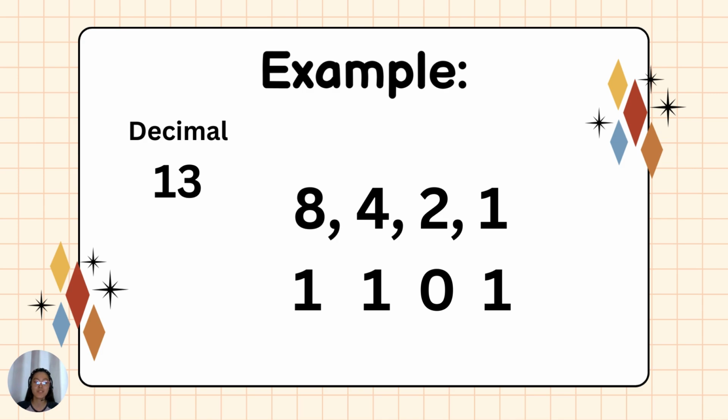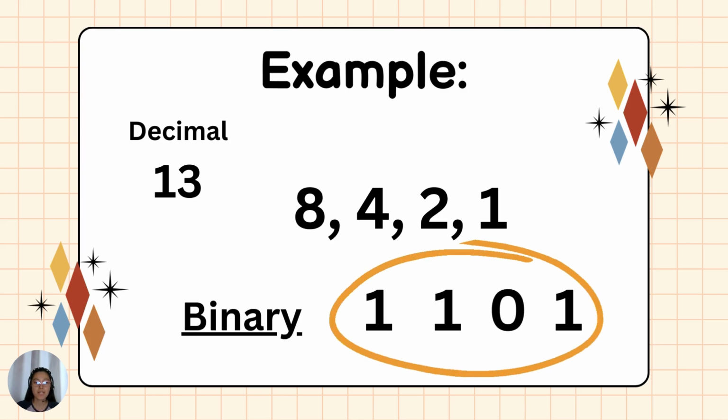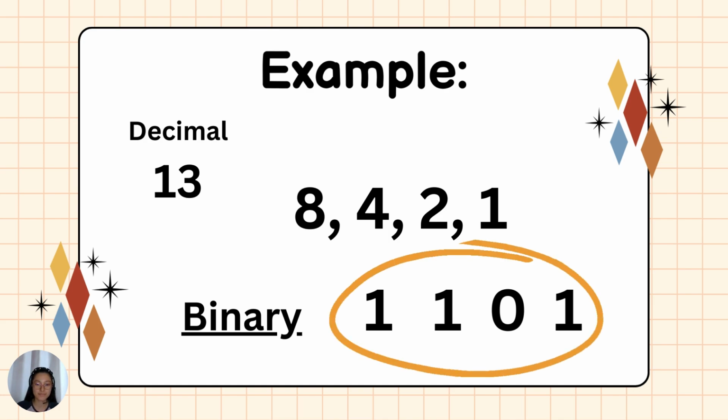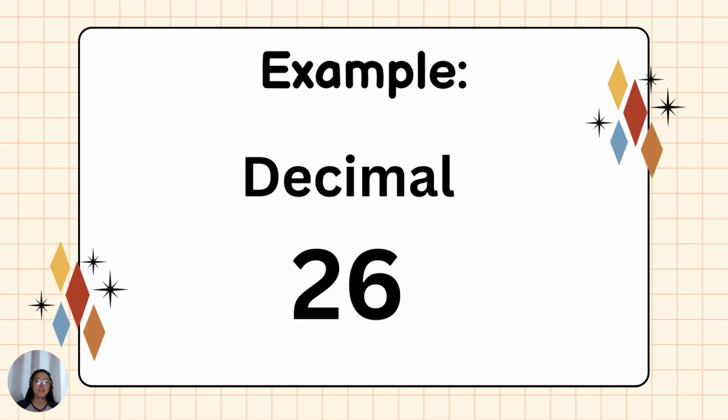So we will put 1 under number 1. We give a value to those numbers where we can sum up to a total of 13. So the binary equivalent of decimal 13 is 1101.